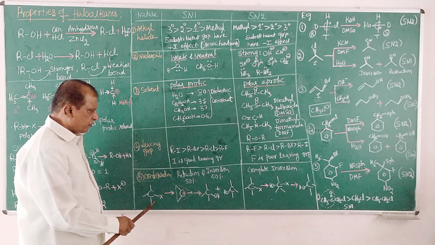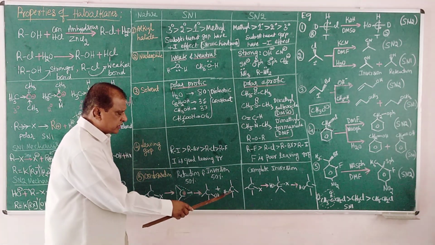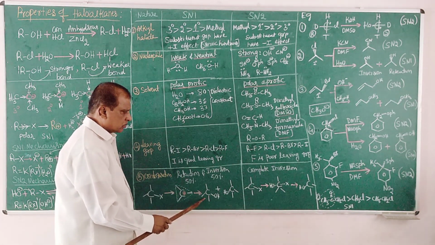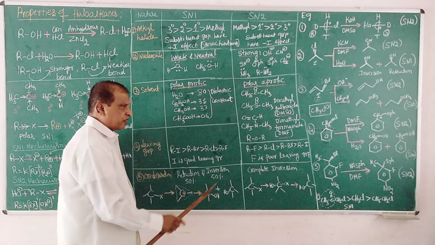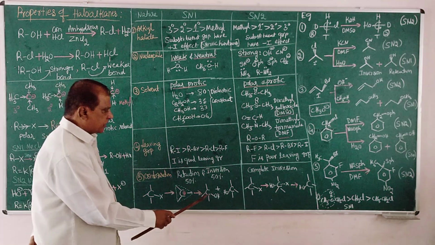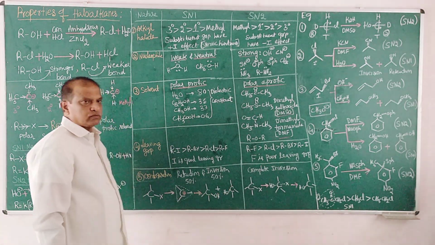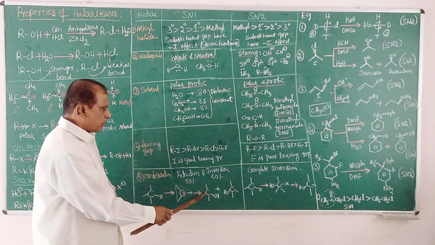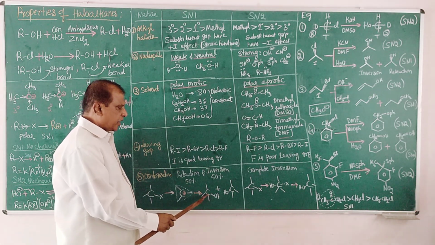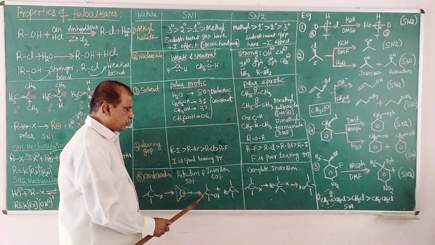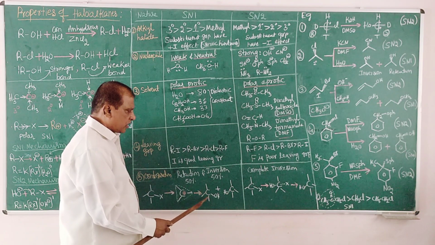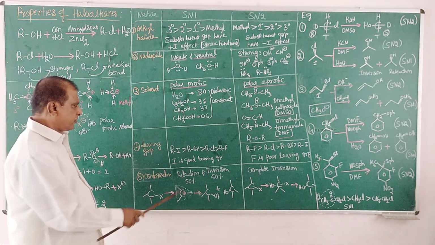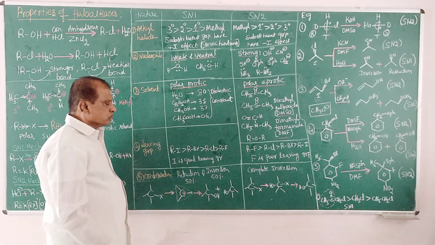So in this mechanism, we have an equal mixture of configurations. If the carbon is chiral, that is, connected to four different groups, an asymmetric carbon, it gives two different enantiomers. If one is R configuration, the other is S configuration, in 50-50 amounts. So there is a mixture of configurations in the SN1 mechanism.